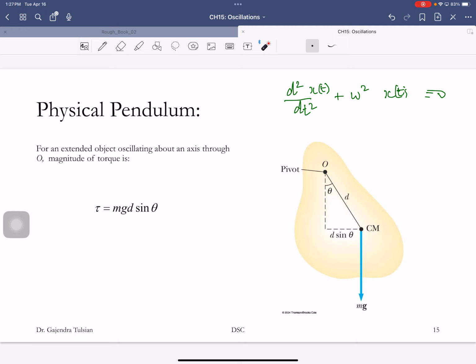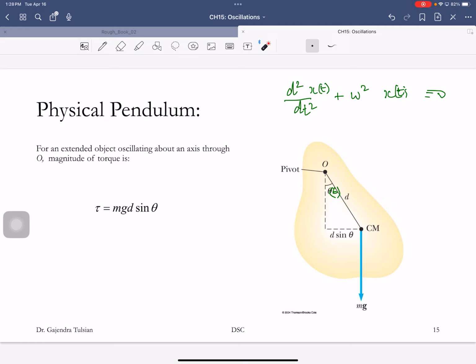Again, we'll measure the configuration of the system by this angle, the angle that the line between the point of suspension and the center of mass makes from the vertical. When you disturb it, the restoring torque is the weight times the moment arm, calculating the torque about this point.